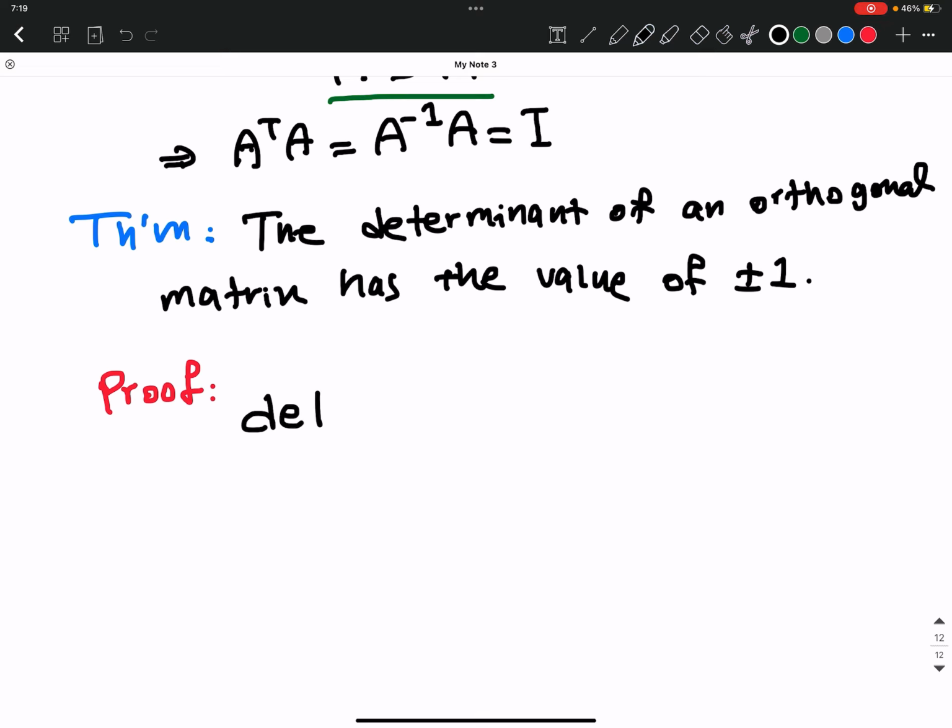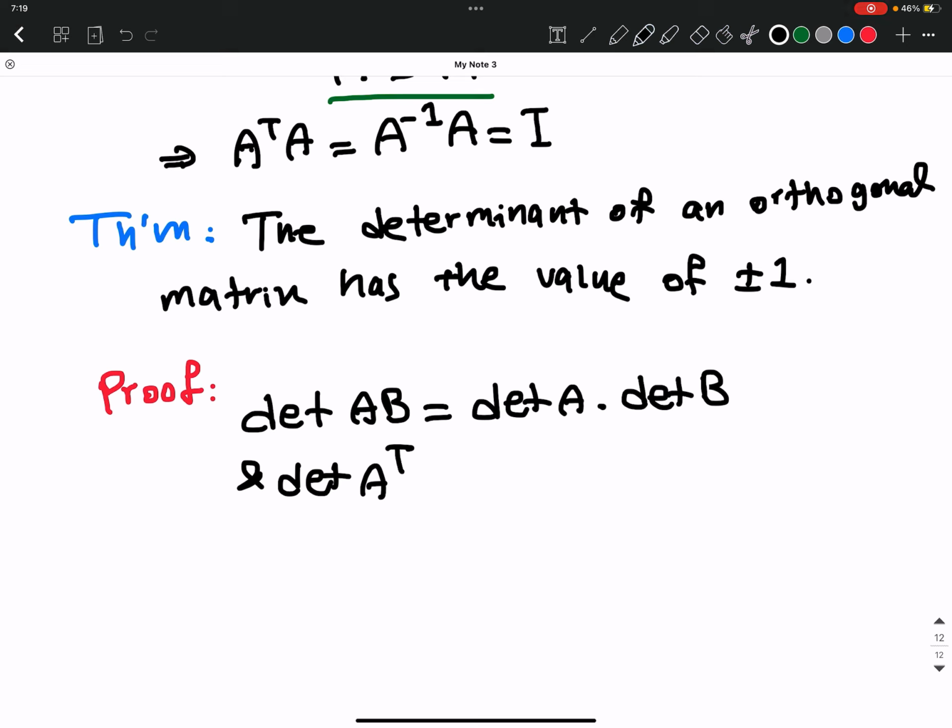We can write that the determinant of matrix A times B equals, this is an identity you can prove, I'm not going to prove it, the determinant of A times the determinant of B. And another property that I'm going to use is that the determinant of the transpose of A equals the determinant of the matrix itself. Okay, so with these two in mind, I want to prove this theorem.